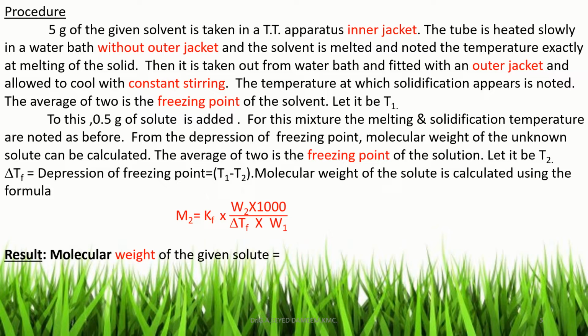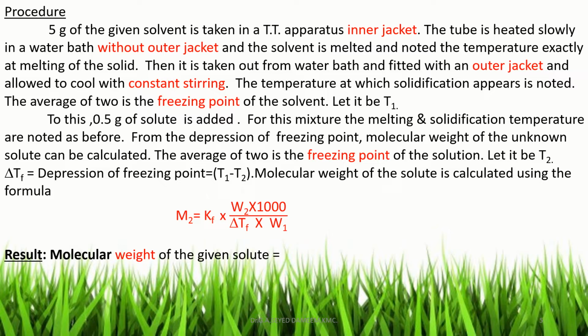From the depression of freezing point, the molecular weight of the unknown solute can be calculated using the formula M2 is equal to Kf into W2 into 1000 divided by delta Tf into W1. Here the Kf value is given, W2, the weight of solute, is 0.5 gram, W1, the weight of solvent, is 5 gram, and delta Tf is T1 minus T2, where T1 is the freezing point of pure solvent and T2 is the freezing point of the solution containing 5 gram of solvent and 0.5 gram of solute.